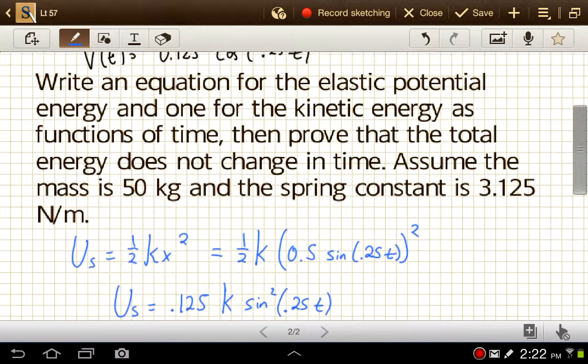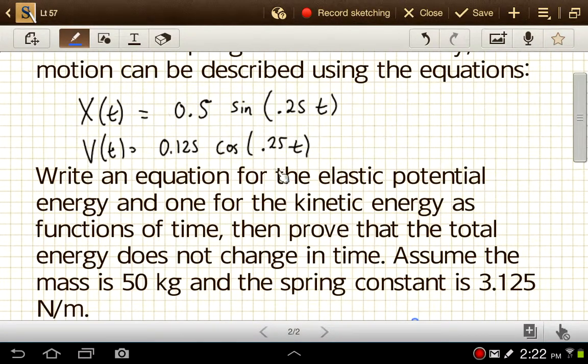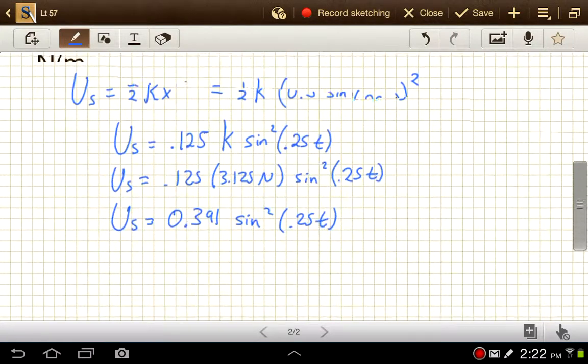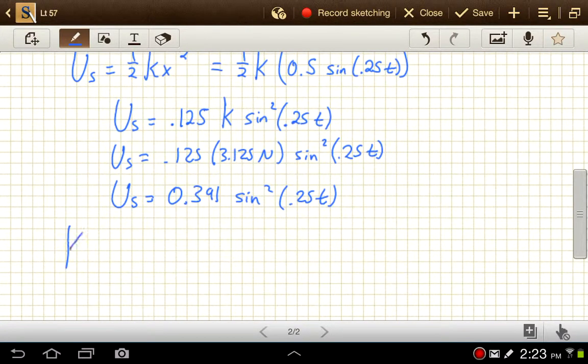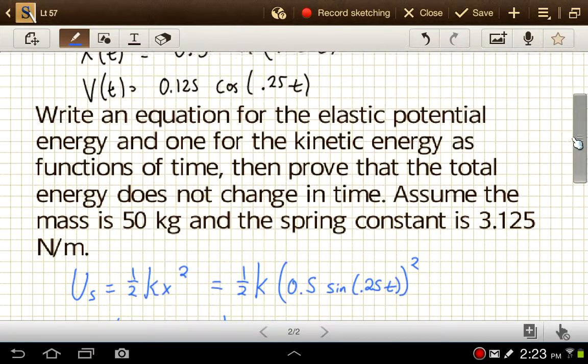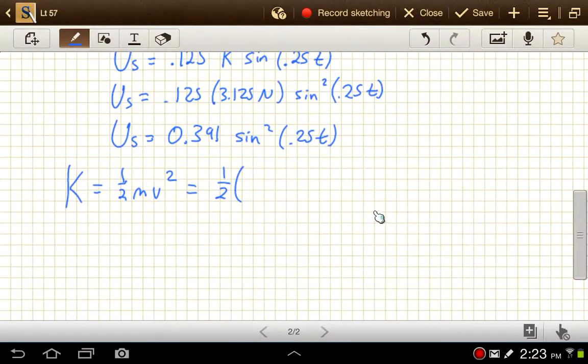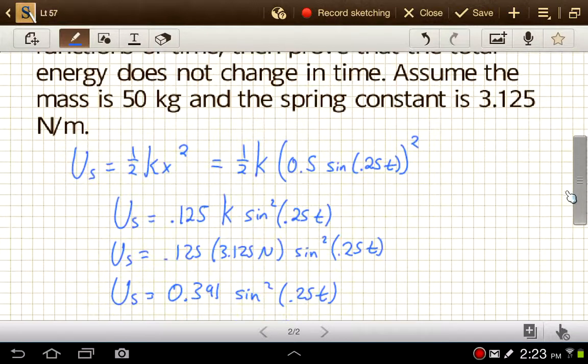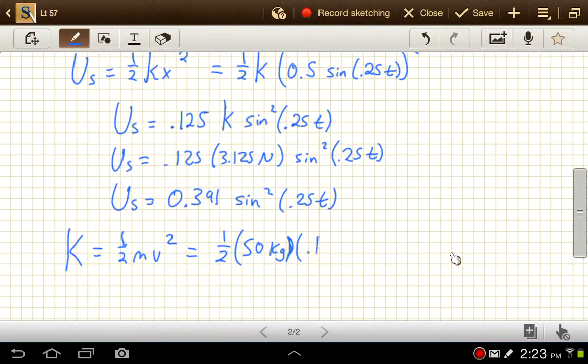And we can do the same thing with the kinetic energy and our velocity function. So kinetic energy, that's a capital K, is 1/2 mv squared. So here that'll be 1/2 times our mass. It's a big mass on this one, 50 kilograms, times our velocity function, 0.125 cosine of 0.25 t, and that whole thing gets squared.